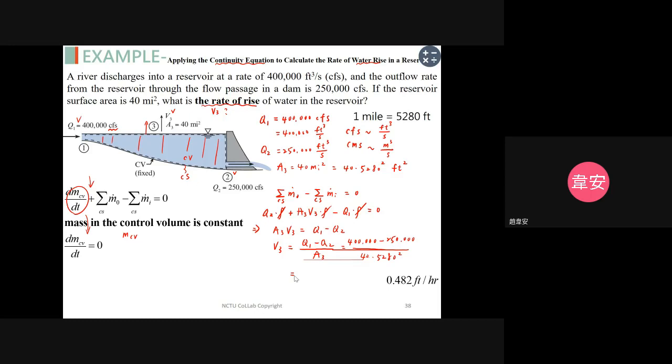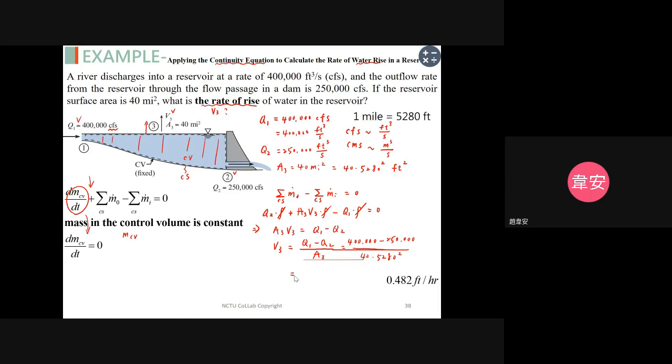So 400,000 minus 250,000 divided by 40, and divided by 5280 squared.